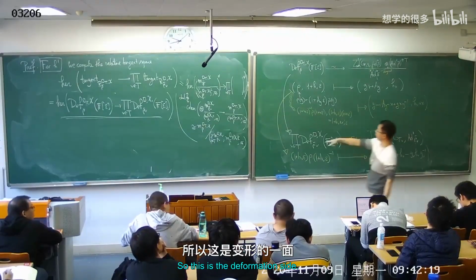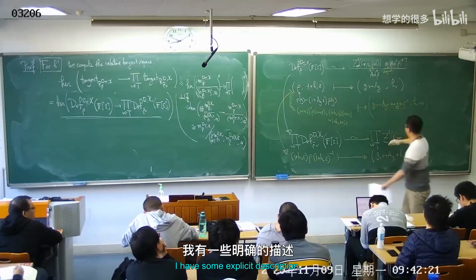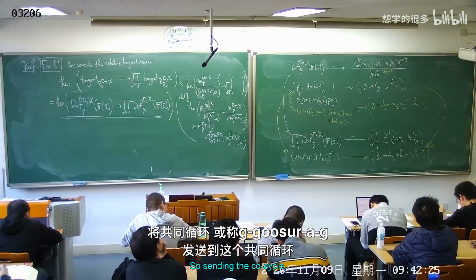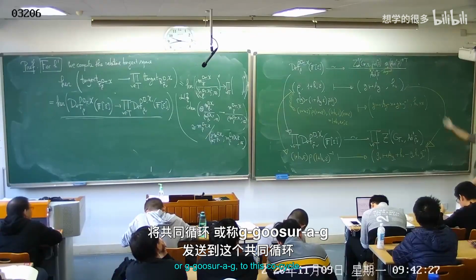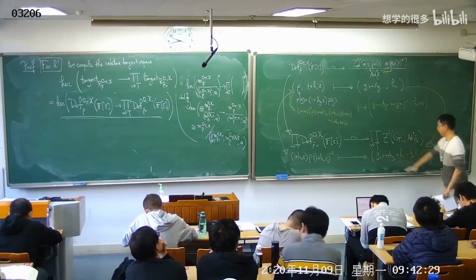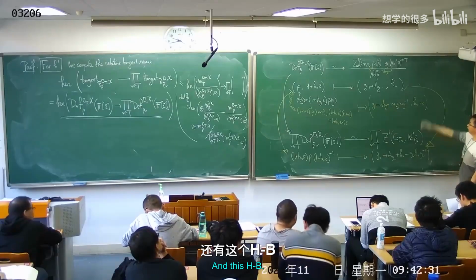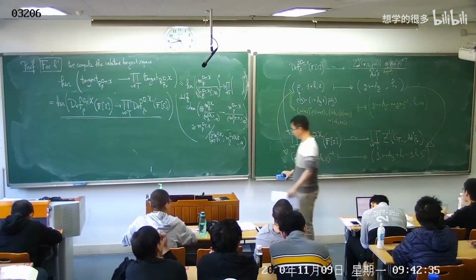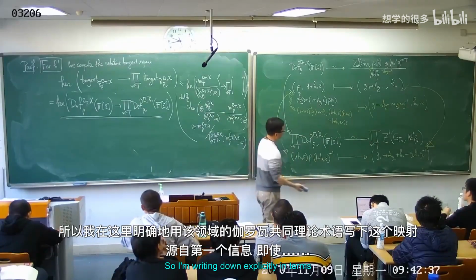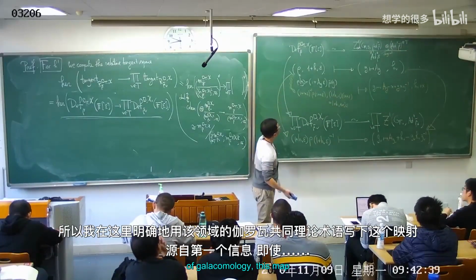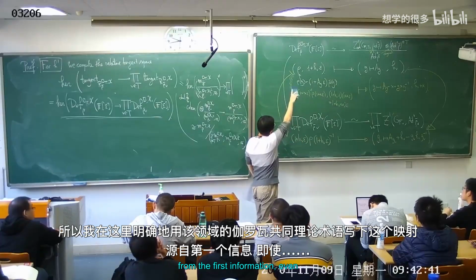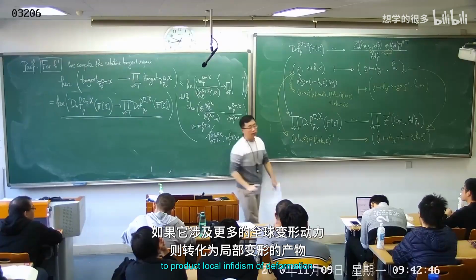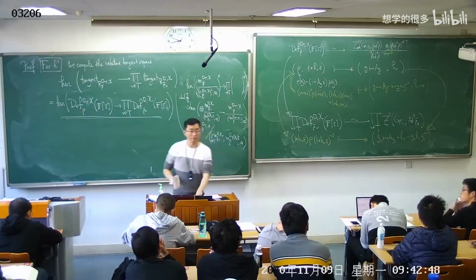Okay. So once you have that, you see that this is the deformation side. I have some explicit description. So this map goes as follows: sending the cocycle G equals AG to this cocycle and this HV. So I'm writing down explicitly, in terms of Galois cohomology, what is mapped from the global infinitesimal deformation to the product of local infinitesimal deformations.